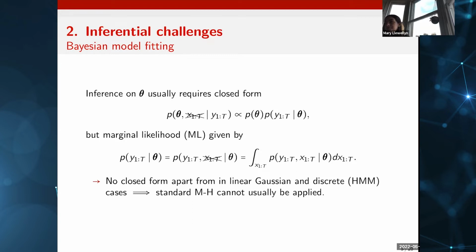I'll go back to the exceptional cases. So there are exceptional cases where this does have a nice closed form expression, and that's where the state-space model is linear and Gaussian.